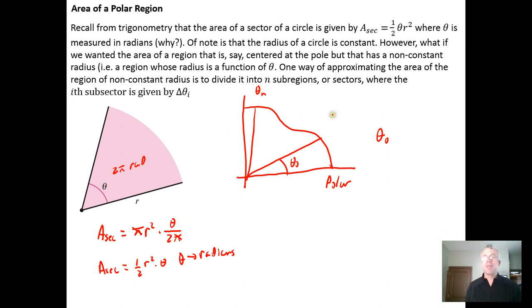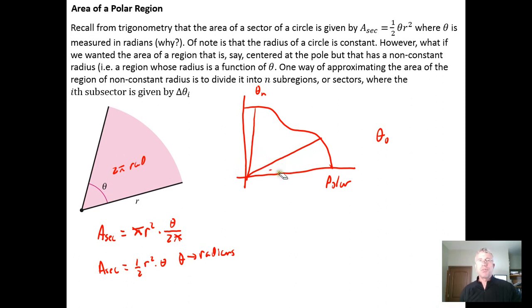And we'll see why I'm going to call it that in a minute. So if we're interested in the area in this region, we're going to be interested in finding the area of this region as we sweep from theta naught through theta sub n. We want the area between the 2 radial lines located at theta naught and theta sub n.